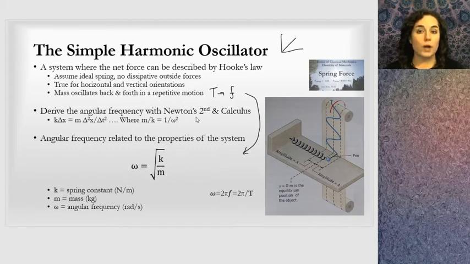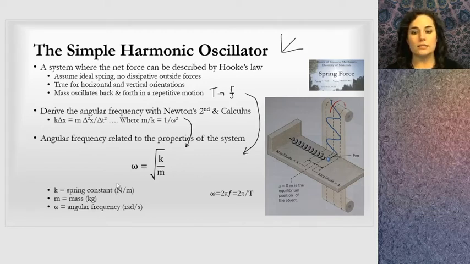It arises from you do some calculus and hand waving on Newton's second law equation, which is another math lecture that I've left for another time. And what you need to know is that the oscillation frequency, how quickly that mass completes a complete revolution, is related to the parameters in the problem, right?